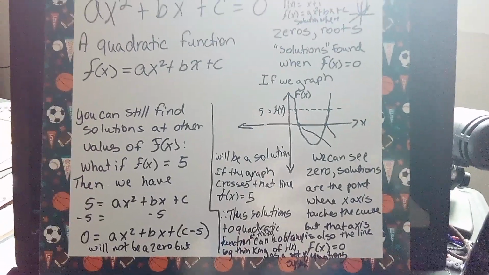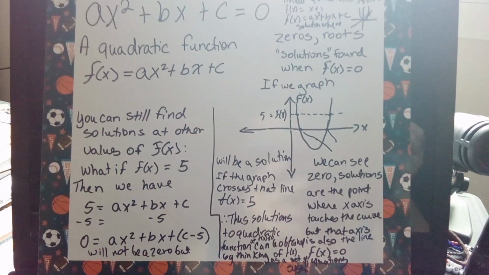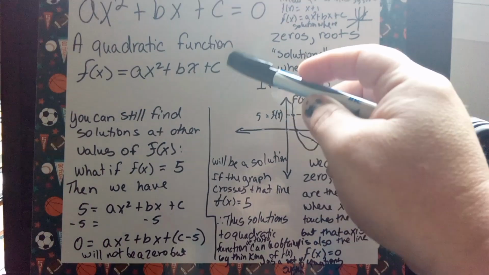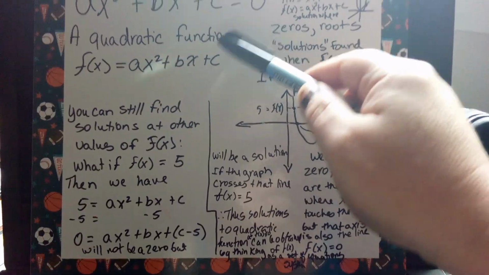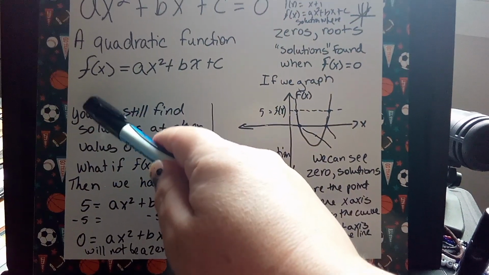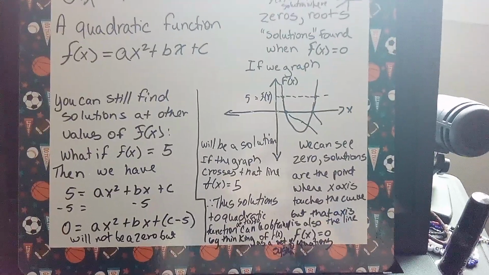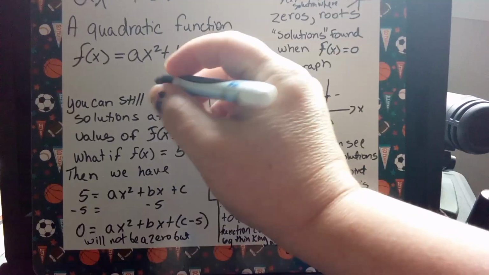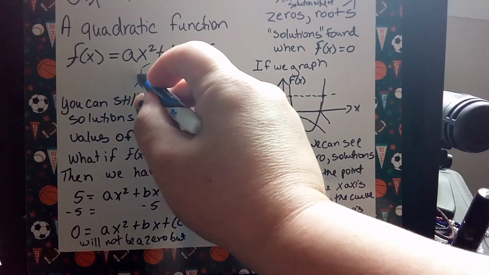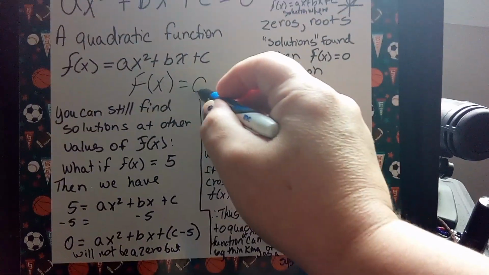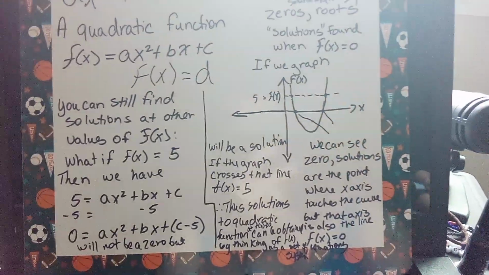And to me, it makes sense that you could have a system of equations, and to find solutions to the quadratic function, you need to set the value of f of x equal to a constant, say for example d.